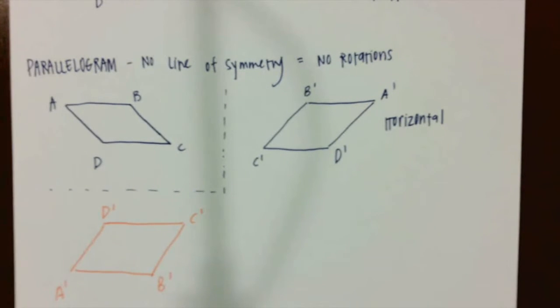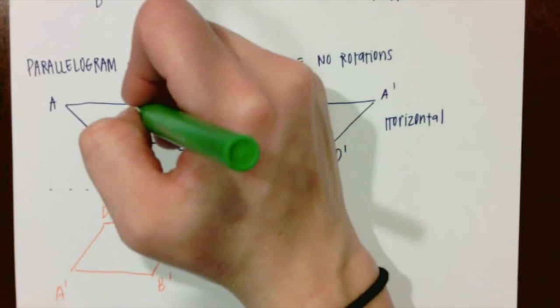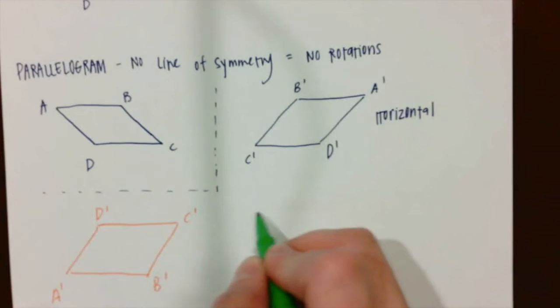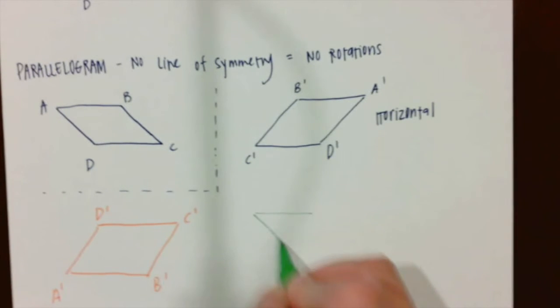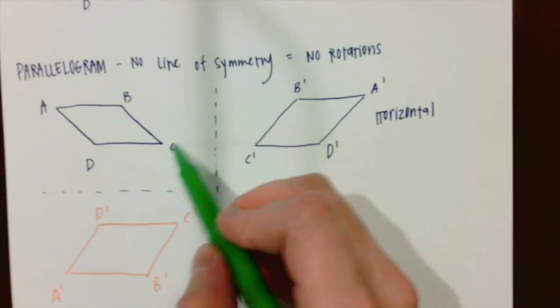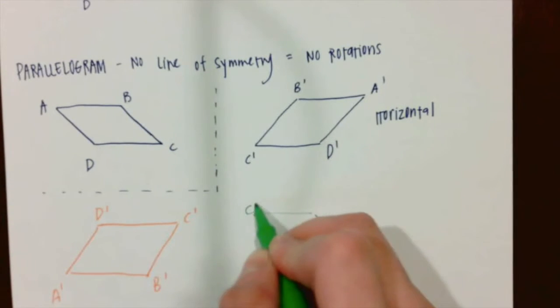Or my other possibility would be to do a 180-degree rotation. So we could twist this around 180 degrees to the point where we have a shape that looks kind of like this. C rotated 180 degrees to here.